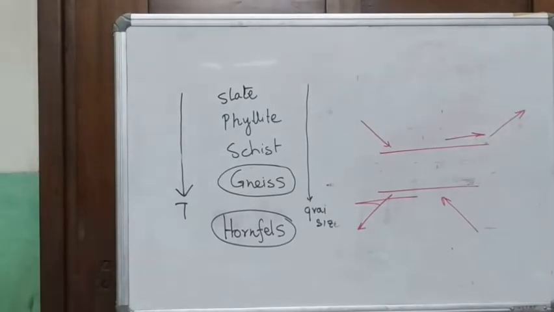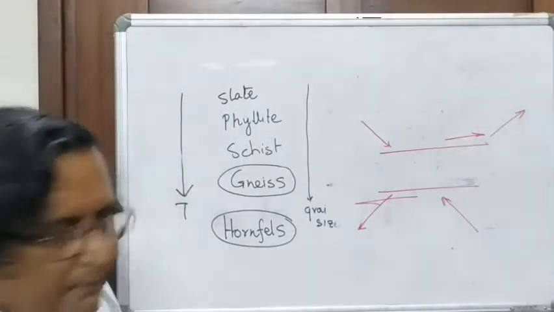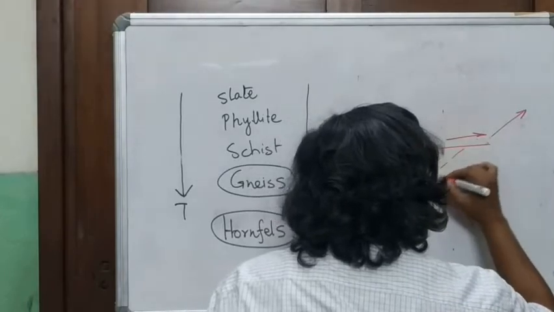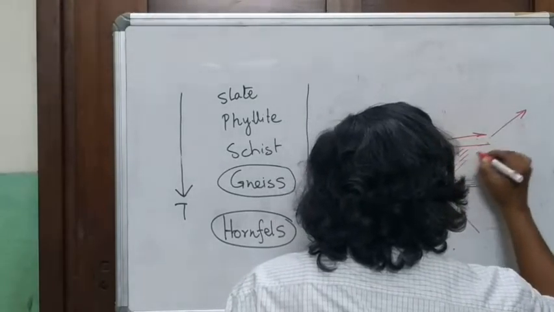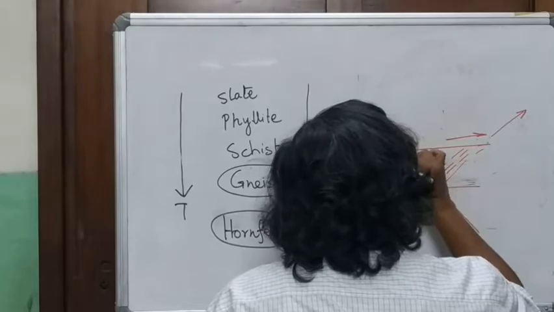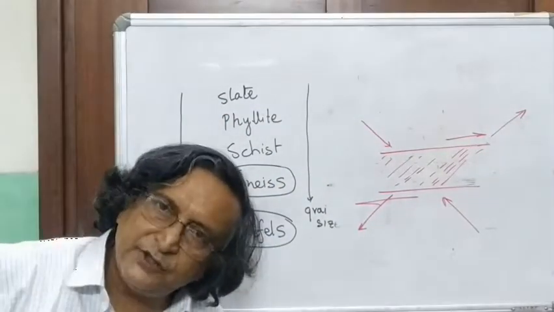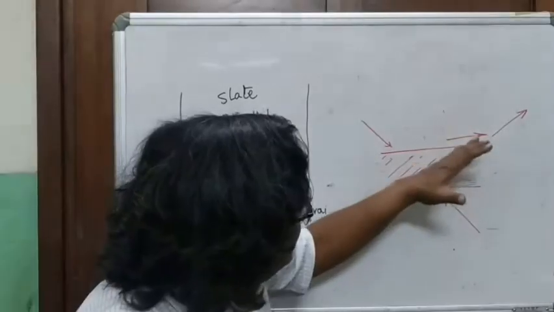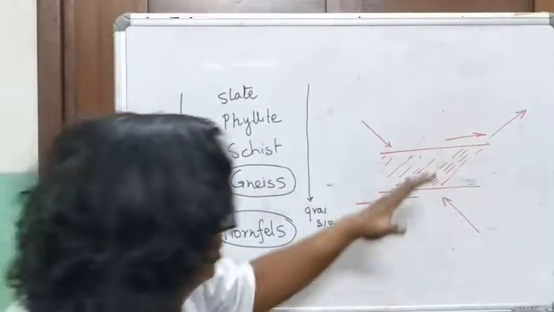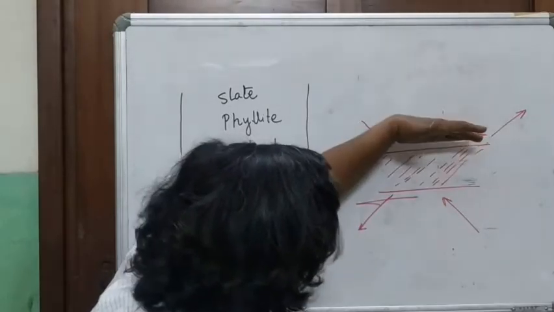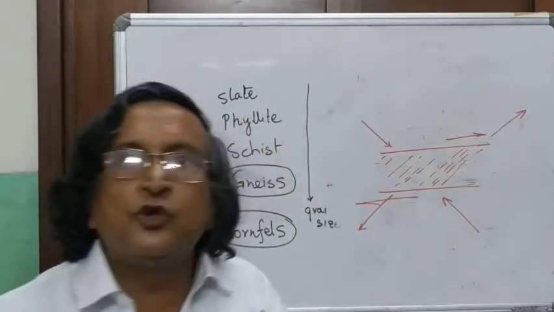The minerals align themselves perpendicular to the shortening direction. Have you understood? So in a simple shear, the alignment of the mineral is oblique to the shear zone wall.